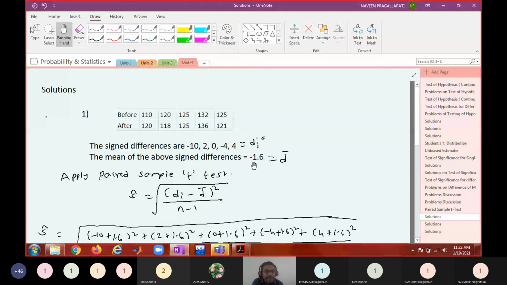See here, before it was 110, after it is 120, which means BP increased actually. Instead of decreasing, BP was increased. I think our interpretation is exactly opposite. That is actually not correct.